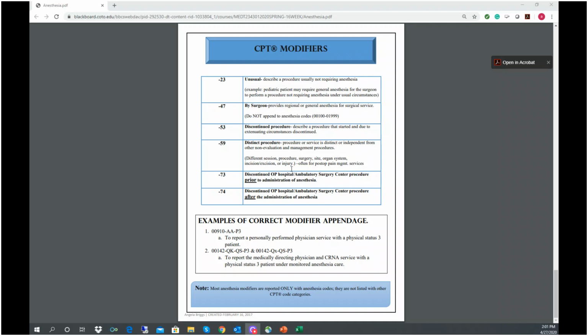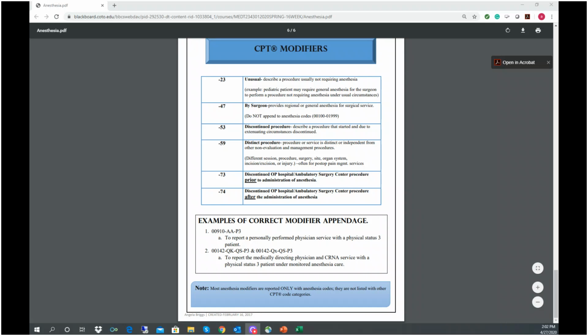This is to report the medically directing physician and CRNA service with a physical status 3 patient under monitored anesthetic care. So it's the same anesthetic, but you have one reporting for the directing physician and the second reporting for the CRNA. Most anesthesia modifiers are reported only with anesthesia codes, and they are not listed with other CPT code categories.